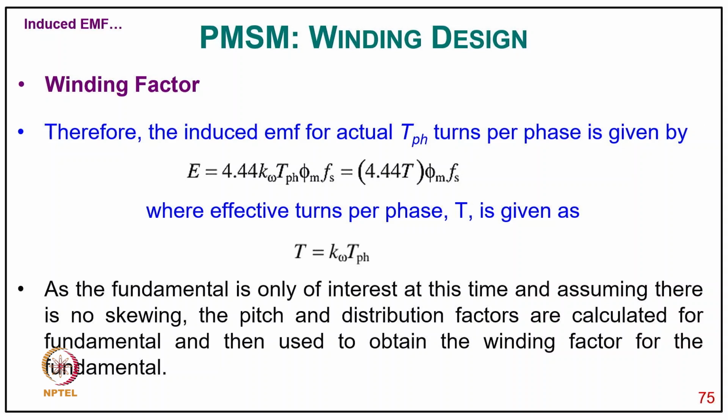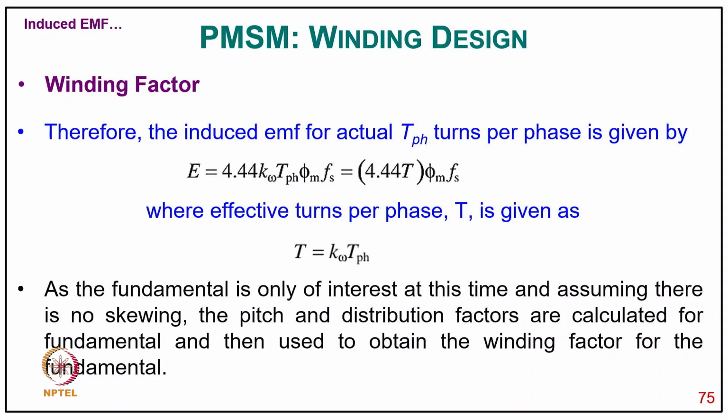Therefore, the induced EMF for the actual turns per phase TPH is equal to 4.44 Kw TPH phi_m Fs, which is 4.44 T phi_m Fs, where the effective turns per phase T is equal to Kw times TPH, as only the fundamental is of interest at this time.